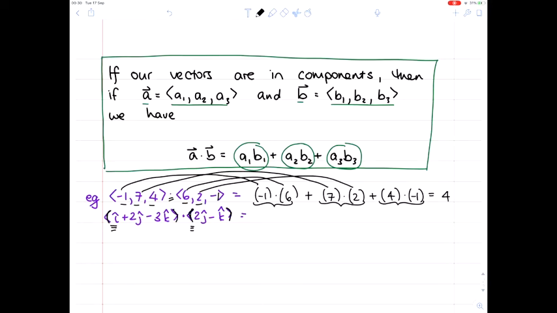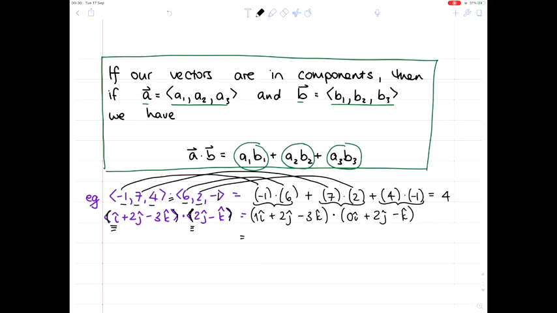So actually, let's just write these out properly. I've got i hat plus 2j hat minus 3k hat dotted with, now I have 0i hat plus 2j hat minus k hat, and off we go.